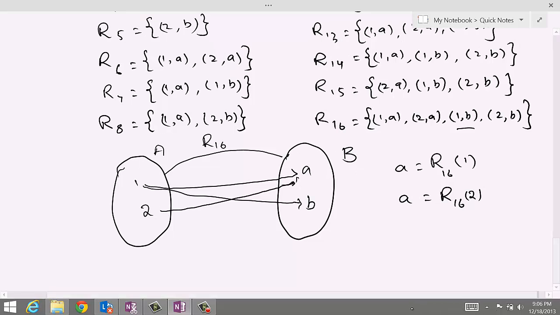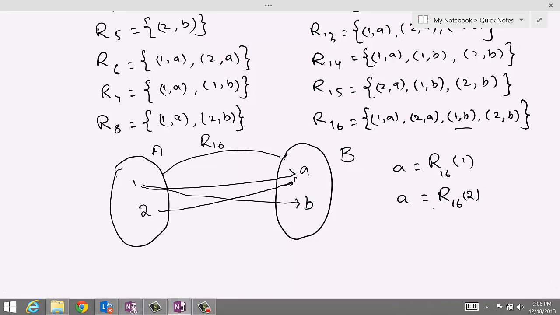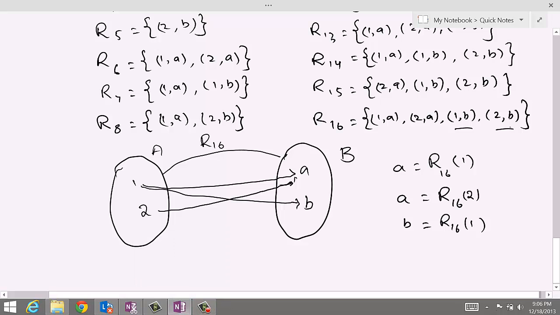Similarly, if we take a look at (1,b), means 1 is related to b. Means b is image of 1 under R16, and also 2 is related to b here as well. So b is an image of 2 under R16.